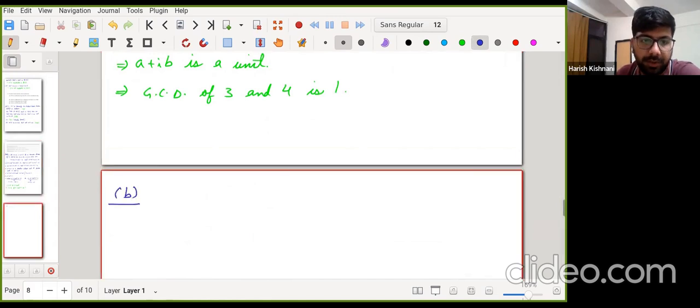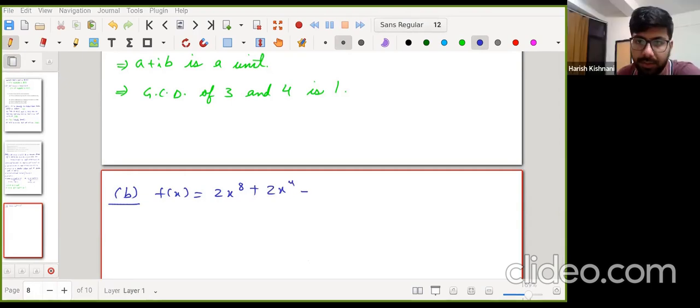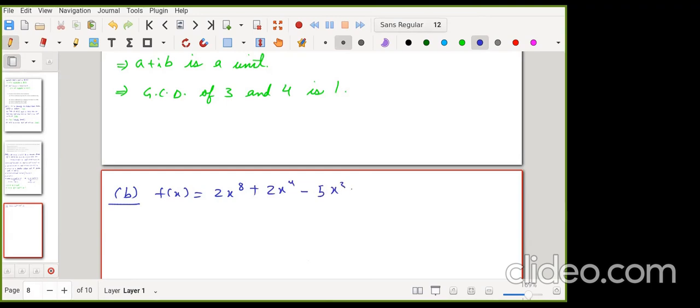So for B, the polynomial f(x) is 2x raised to 8 plus 2x raised to 4 minus 5x cubed plus 1. And your g(x) is x square minus 1.